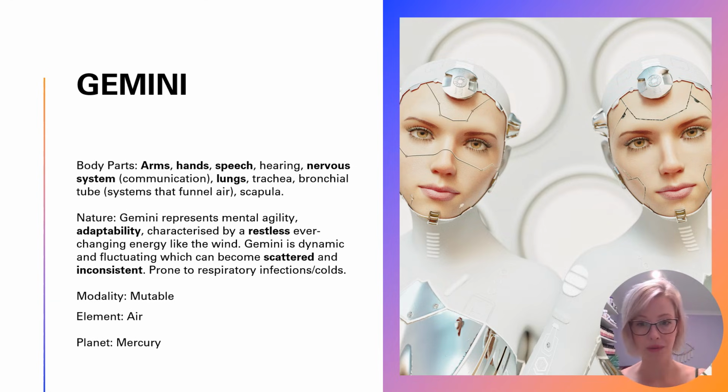So we will go through the planets, but know that Mercury also governs communication, the nervous system. So in regular astrology, they will say sign is not the same as planet. In medical astrology, it's not, but it kind of is. You'll see as we go along.